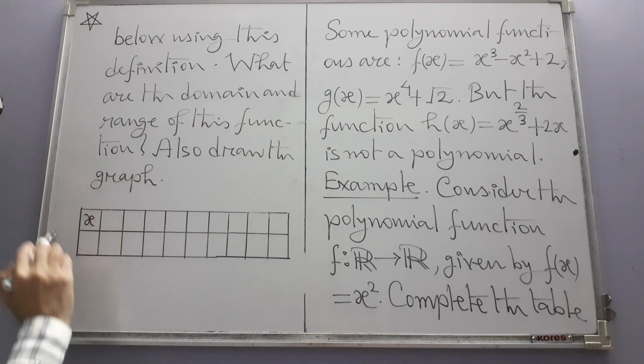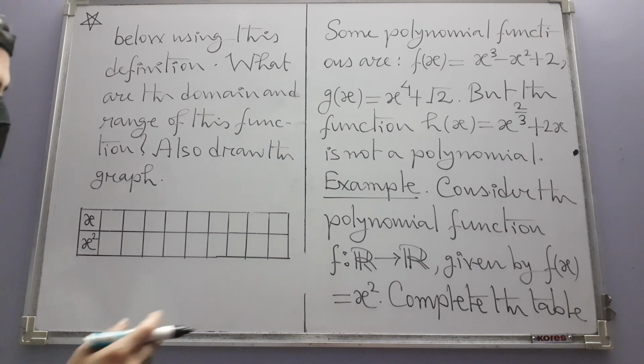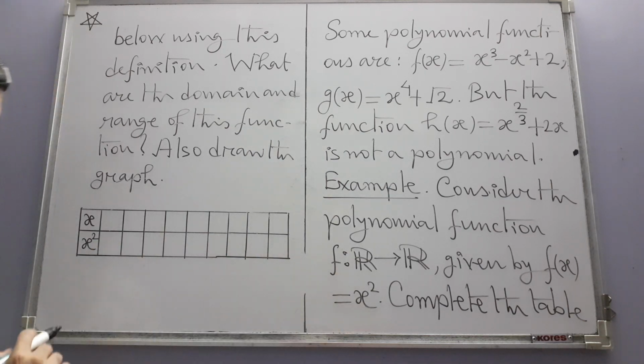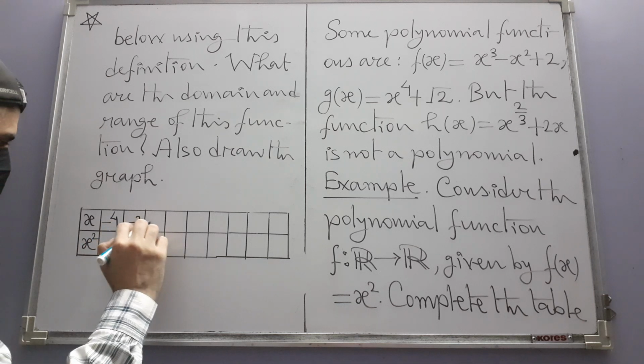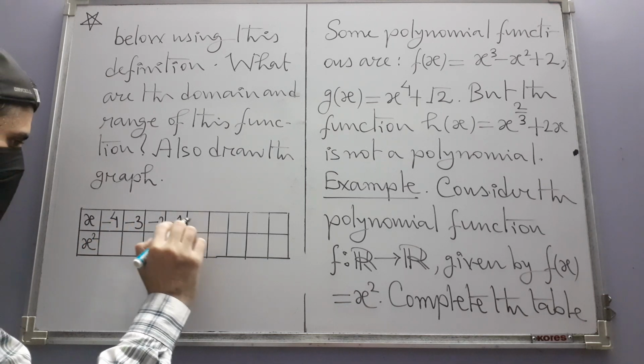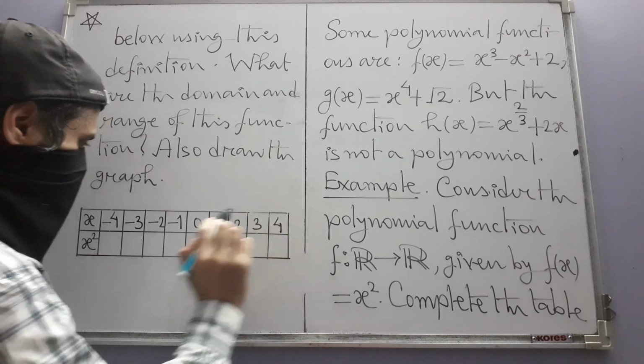So these are our input x and these are our outputs, which are going to be x squared.